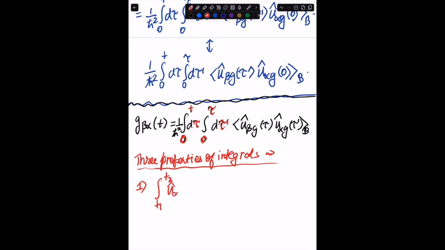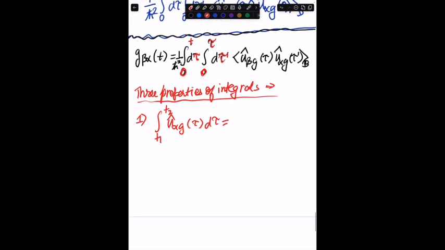And this is very simple. It's like high school, secondary school sort of stuff. It's just u hat alpha g, some arbitrary function f of tau, d tau, integrated from t1 to t2, which would just be 0 to t2, u hat alpha g tau d tau minus 0 to t1 u hat alpha g tau d tau.